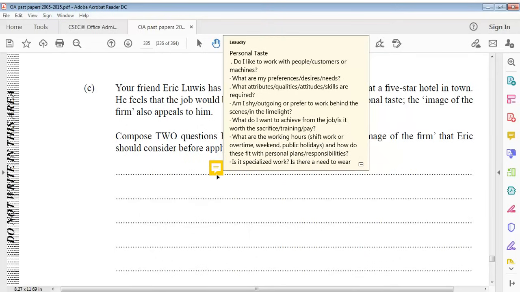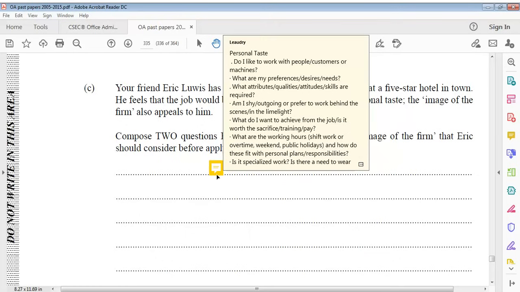Four, questions that he could ask: am I shy or outgoing, do I prefer to work behind the scenes or in the limelight? Five, what do I want to achieve from the job? Is it worth the sacrifice or training or pay?